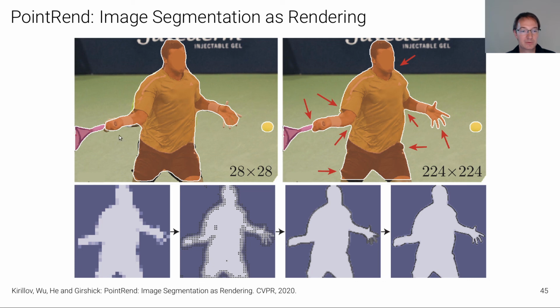The problem of Mask R-CNN is that the output resolution is typically very coarse, so it cannot capture these fine geometric details such as the fingers of the hand, while if you model these details using this neural network representation on top of it, you can get much more fine-grained details for this shape.